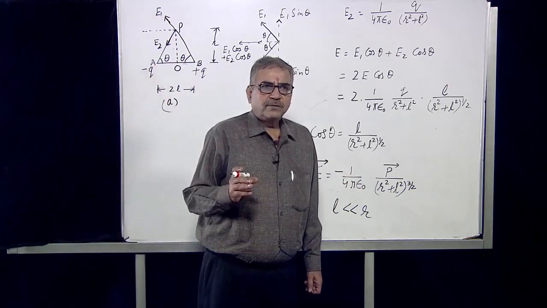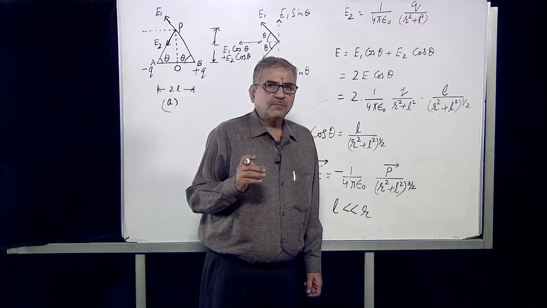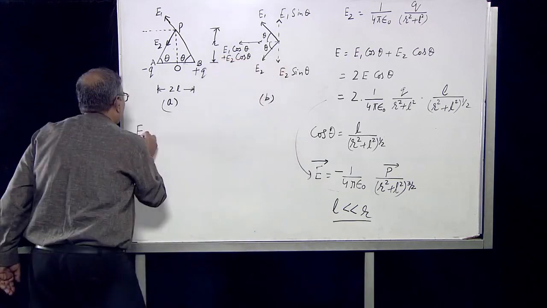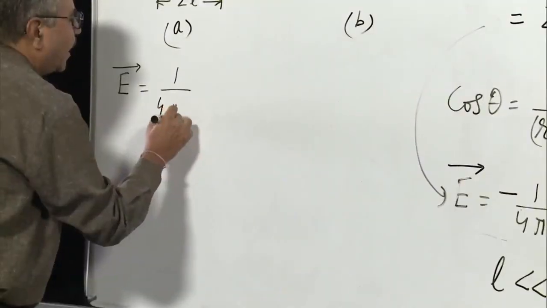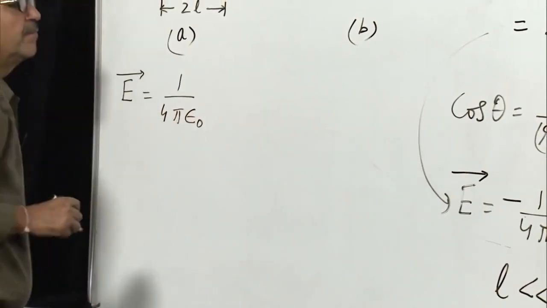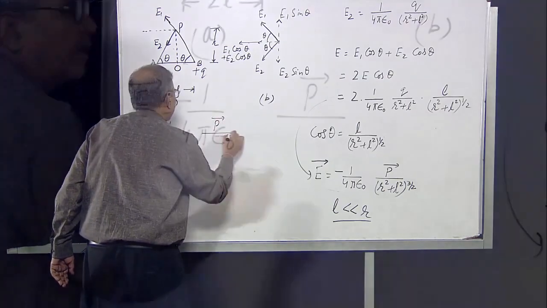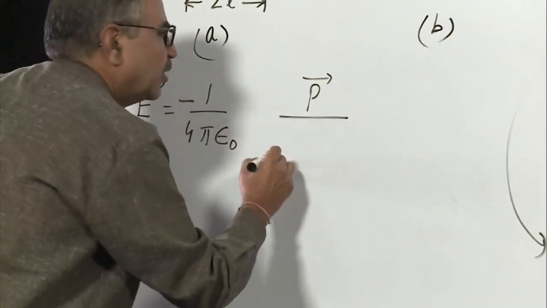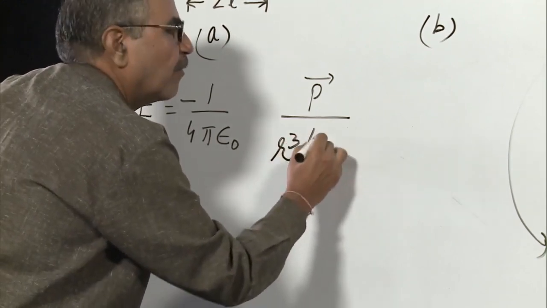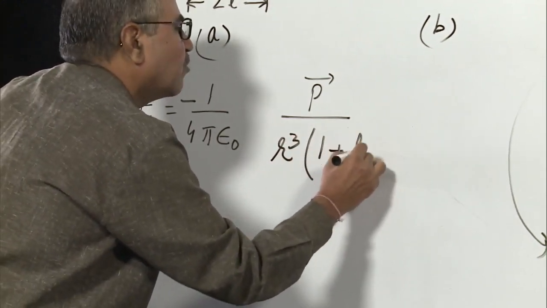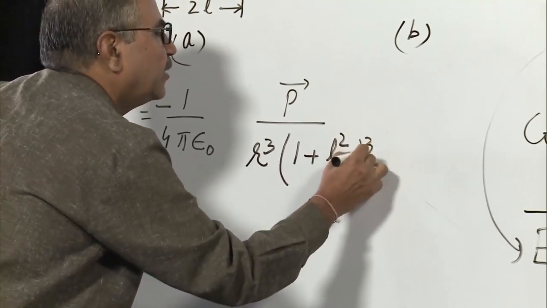Let us find out the expression for electric field when L is very, very small as compared to R. Expression for electric field E will be 1 upon 4 pi epsilon naught P upon, dividing and multiplying by R square, so it will be R cube into 1 plus L square upon R square raised to power 3 by 2.